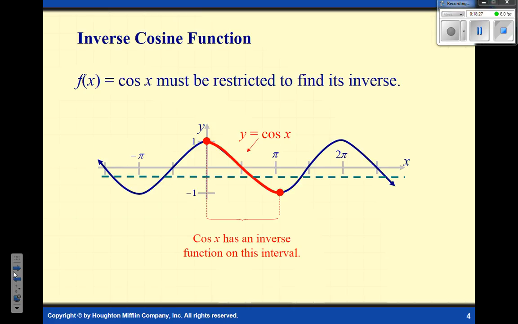You went from the full playing field, right? All real numbers. Well, that won't work in this scenario, but instead of saying, oh, sorry, cosine doesn't have an inverse, you can say, wait a minute. Cosine does have an inverse if what? If we restrict the range to 0 to pi.